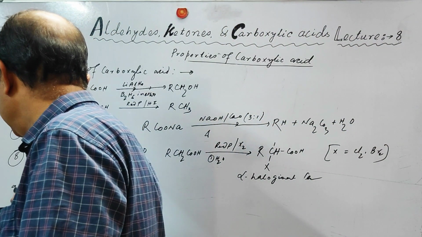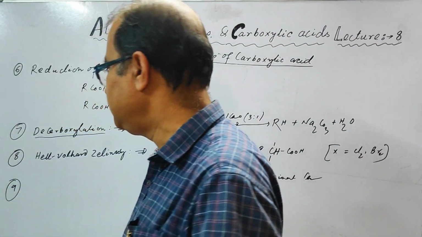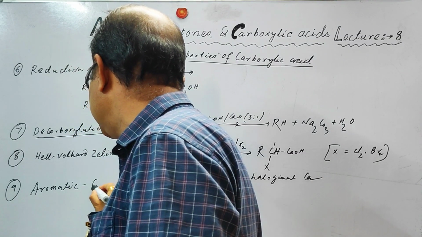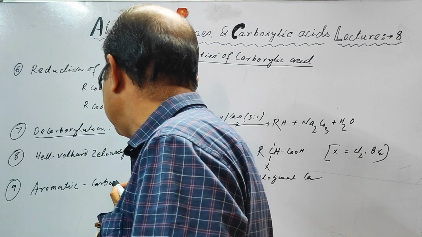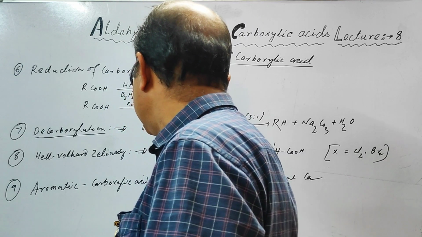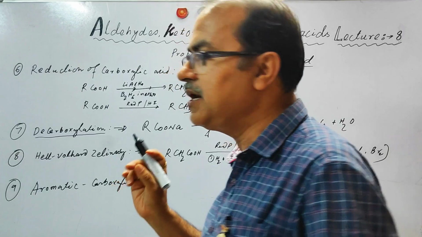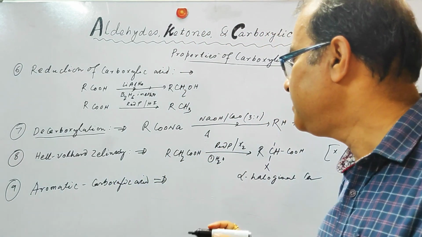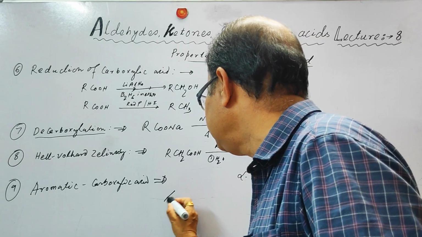Next, the 9th reaction, that is the electrophilic substitution of aromatic carboxylic acid. The carboxyl group is a deactivating group. It will deactivate the benzene ring.